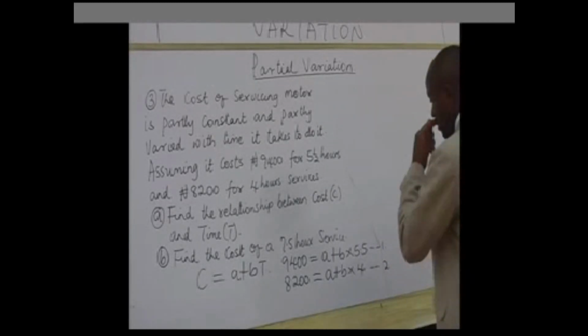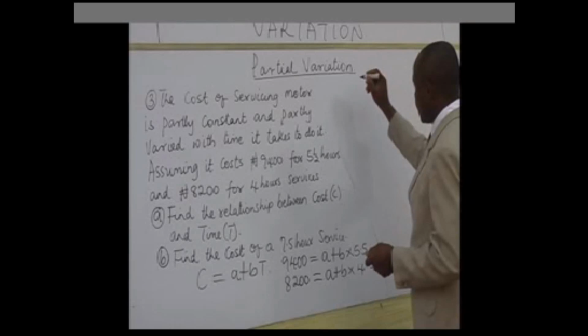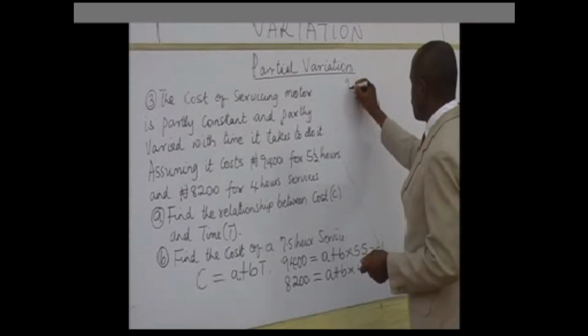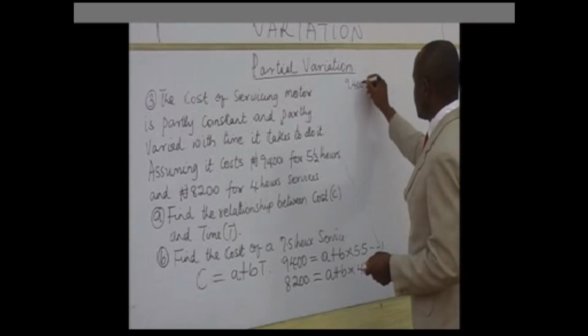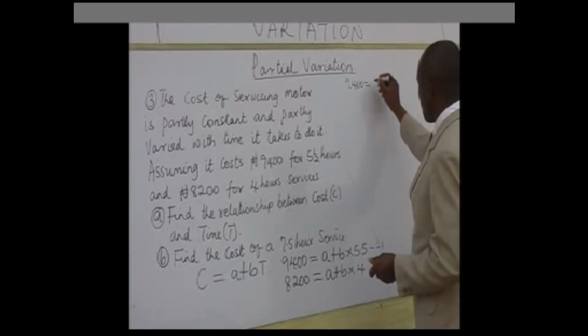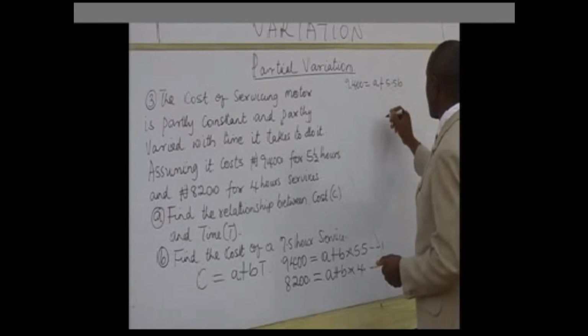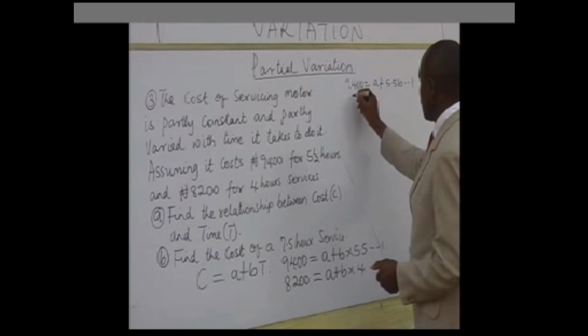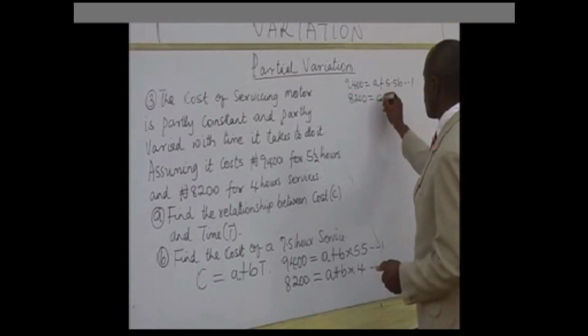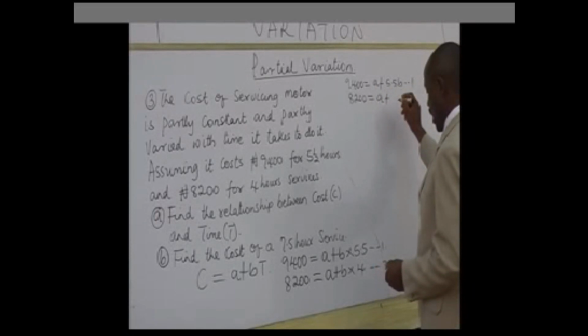Let's multiply out. We're going to have 9,400 is equal to A plus 5.5B. Equation 1. Then 8,200 is equal to A plus 4B.